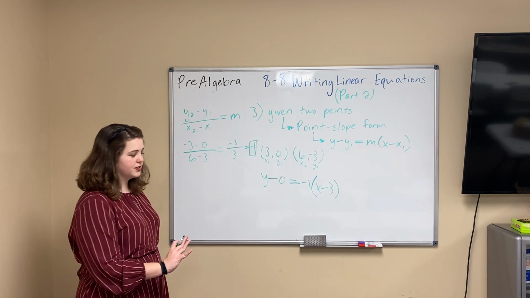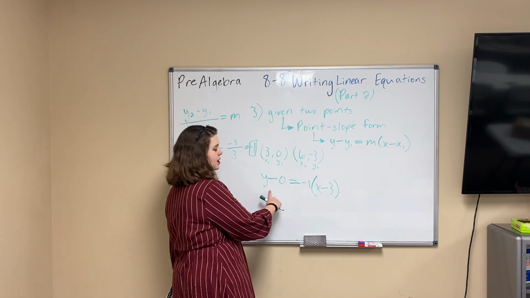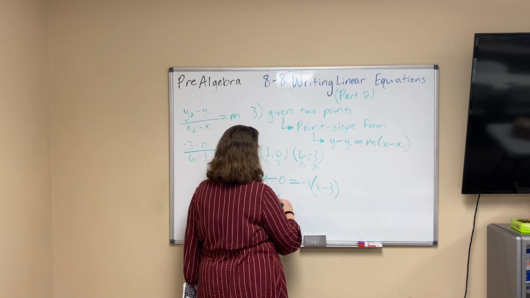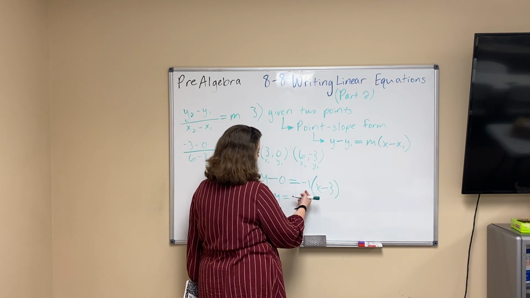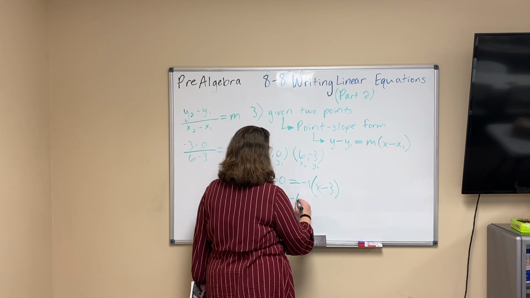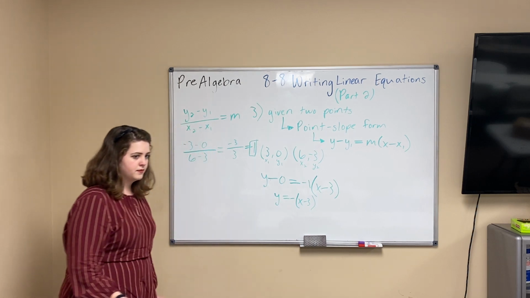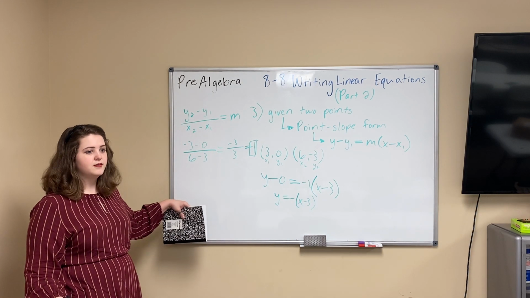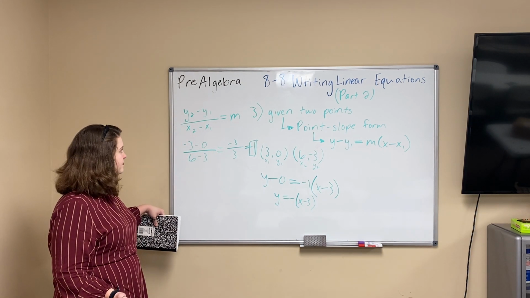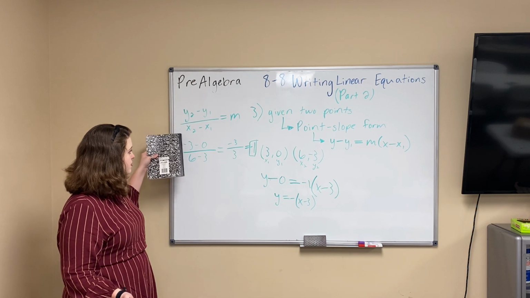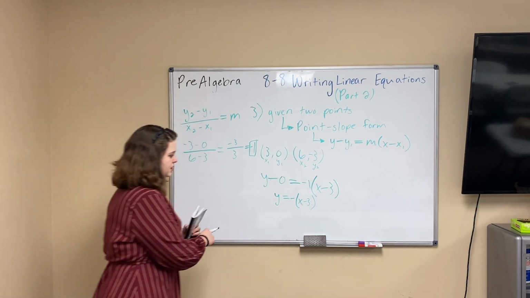Now you can either leave it like that or you can simplify it, because you know y minus 0 will just be y, right? And anything times negative 1 you can just write negative. Either one I'll accept. So you just find your slope and then you plug your points in.